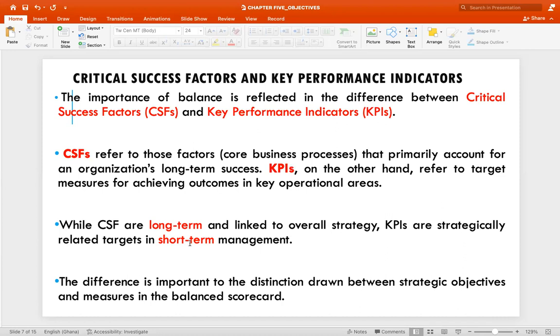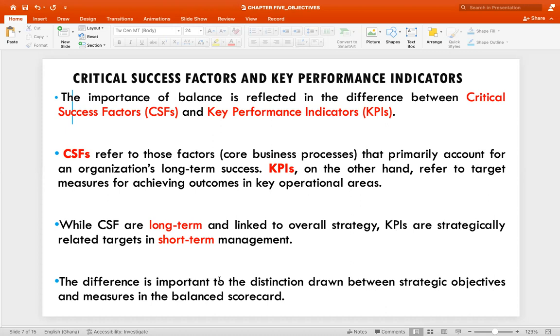But for KPIs, they are the financial indicators. How much sales did we make this year? How much profit did we make? Our return on capital employed, return on investment. So they are short-term measures. At maximum, they are done annually, okay? At the end of the year, you have to be meeting your KPIs and so on and so forth.